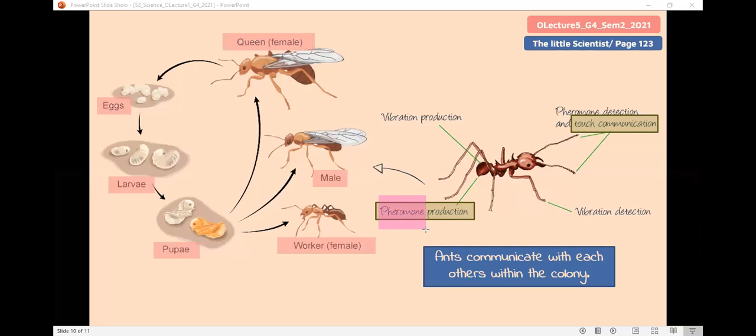When an ant finds food, it releases pheromones and its friends will smell them and come. Or an ant releases pheromone to tell its friends that the colony is in danger. Come for help.